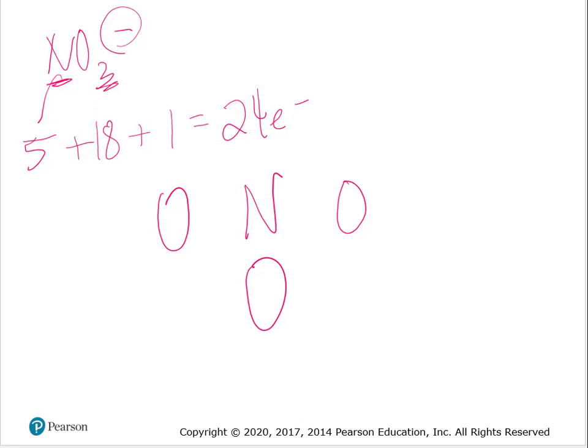Let's start with drawing around our central atom and then fill in any blanks around those oxygens. 1, 2, 3, 4, 5, 6, 7, 8, 9, 10, 11, 12, 13, 14, 15, 16, 17, 18, 19, 20, 21, 22, 23, 24. I can see right off the bat that I do have an issue.